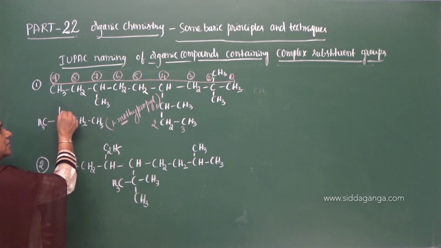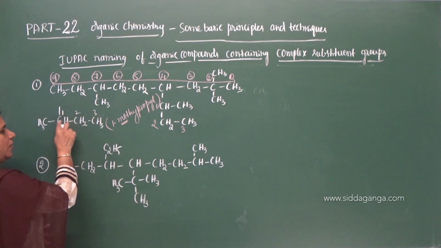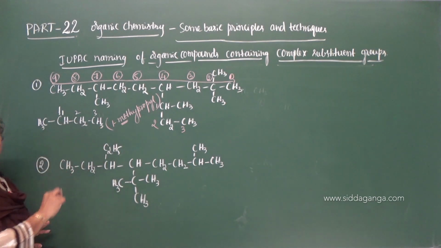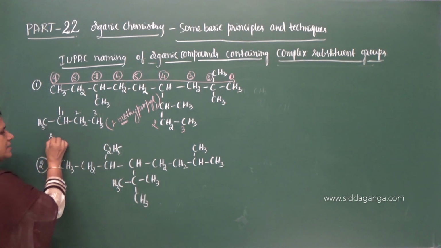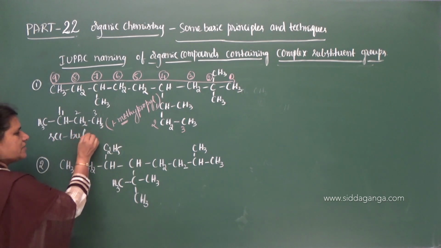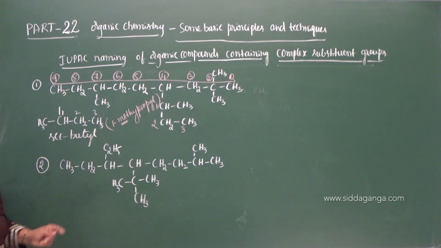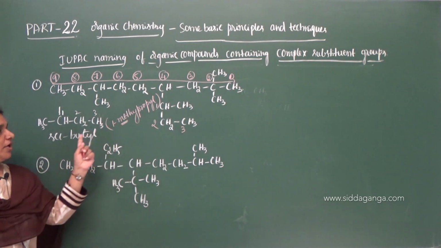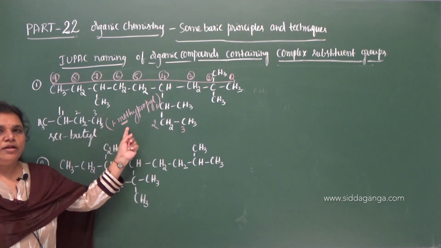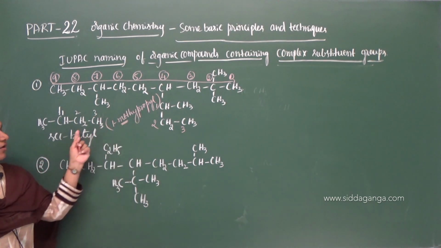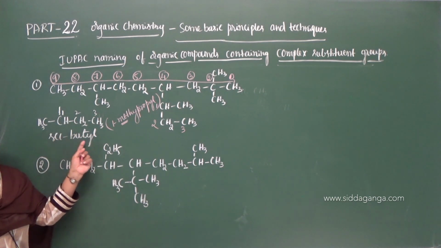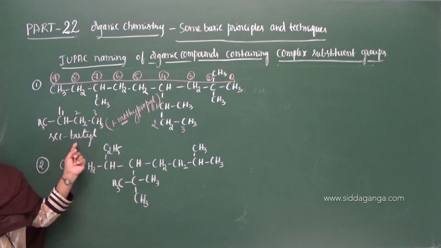This is 1, 2, 3, 1-methyl propyl. But what is the common name? Common name is secondary butyl. So either you can use 1-methyl propyl or you can use secondary butyl. Any of the names can be used.